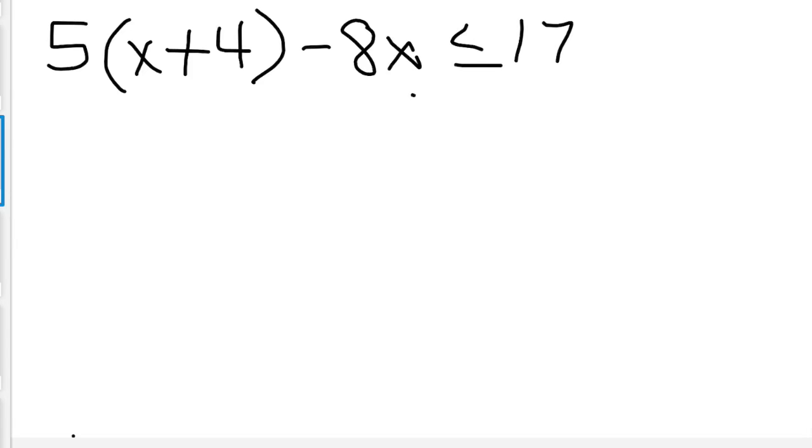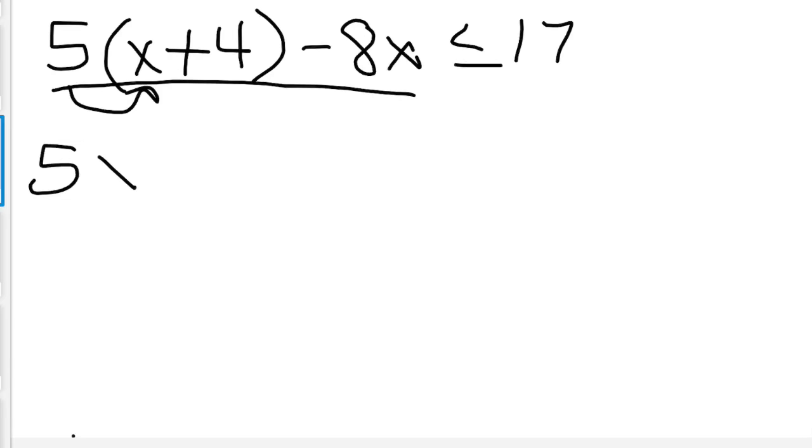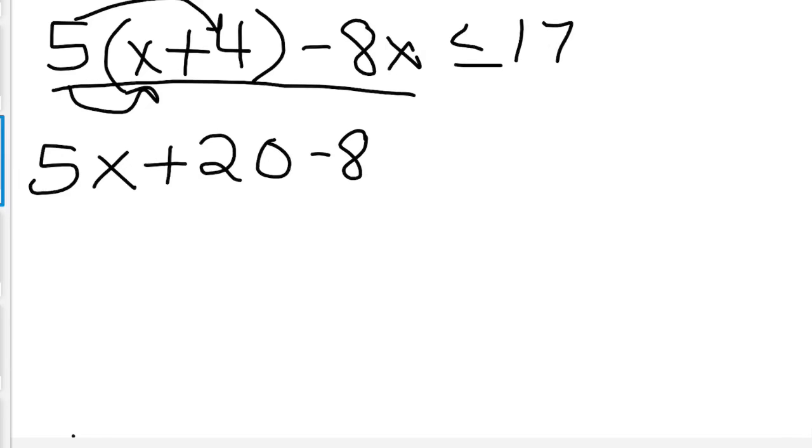So we want to solve and simplify as much as possible everything on the left side before we start making zero pairs. So I'm going to start by using my distributive property, and I'm going to do 5 times x, which is 5x, and 5 times 4, which is 20, minus 8x.